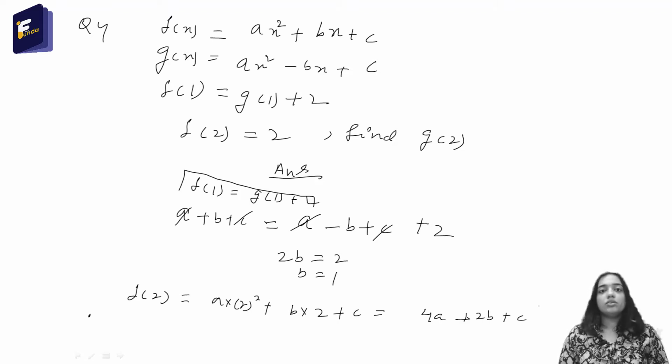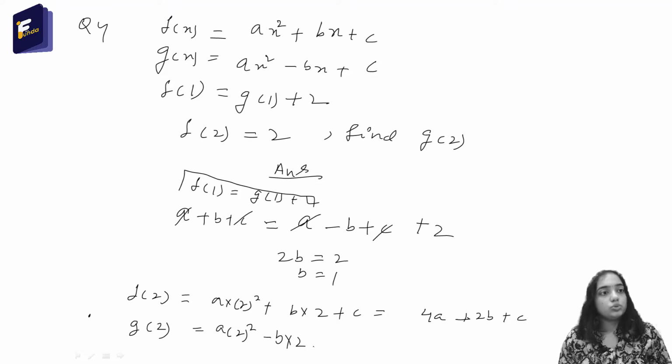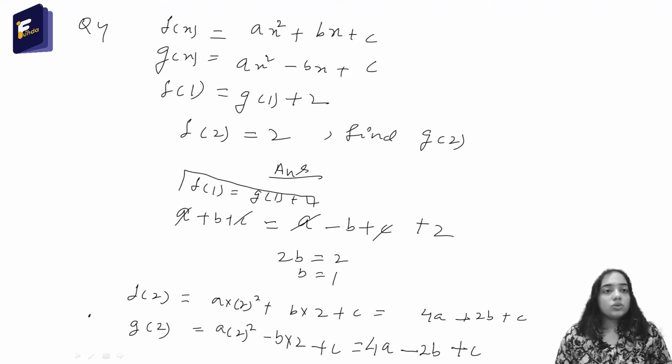This is the value of f of 2. We have to find the value of g of 2. So let us see what is g of 2. It is a into 2 square minus b into 2 plus c, which is equal to 4a minus 2b plus c.